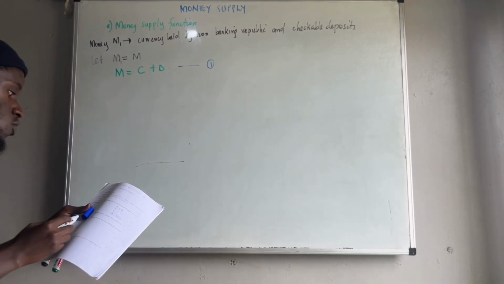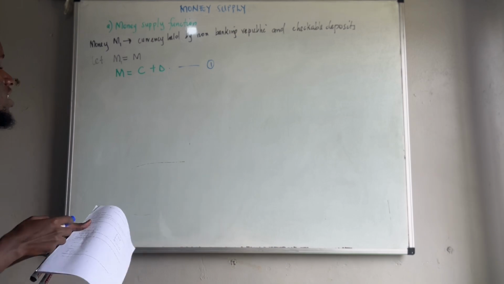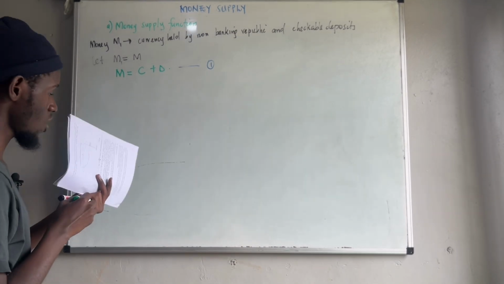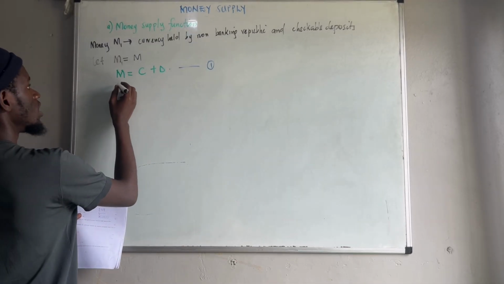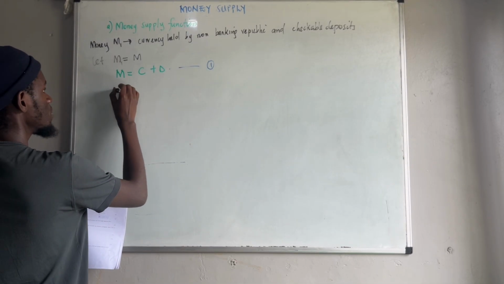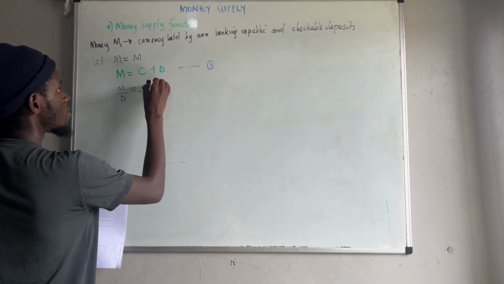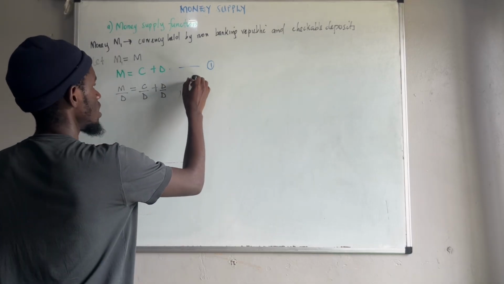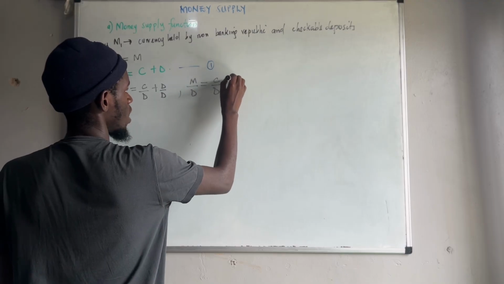Now from there, if I divide everywhere by D, I have M divided by D equals C over D plus D over D, so M over D equals C over D plus 1.